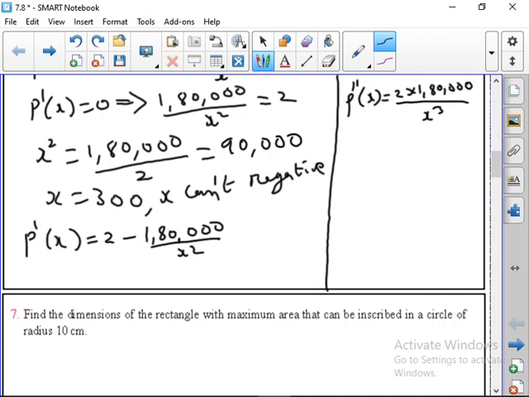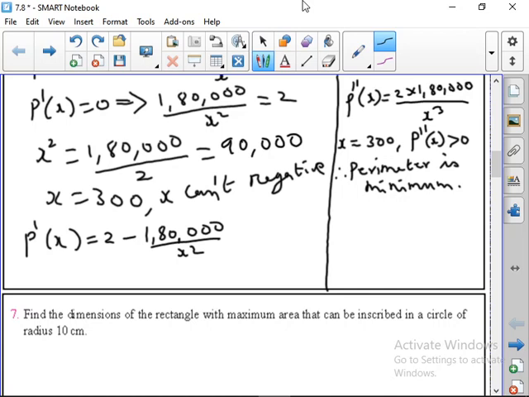So when x is equal to 300, what about P double dash of x? It will be greater than 0. So what do we say? Therefore perimeter is minimum.